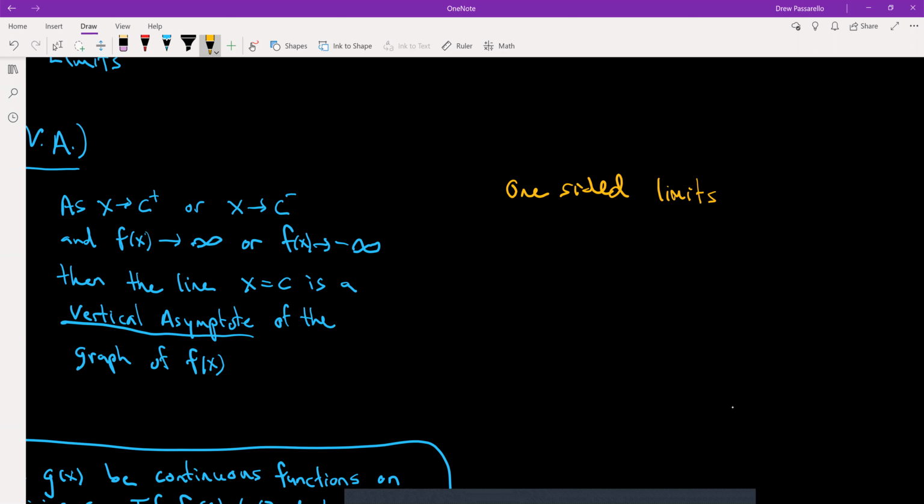So just to make a comment, last section covered one-sided limits. For a limit, and then it has x approaching c with the plus sign, that means the limit as x approaches c from the right side.